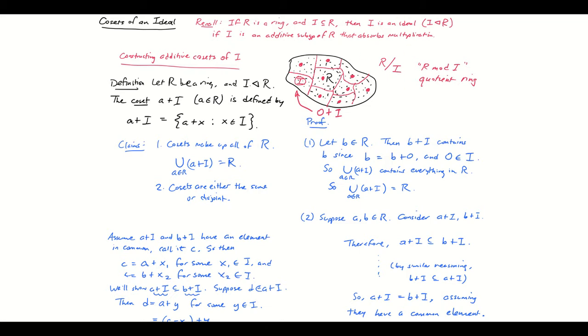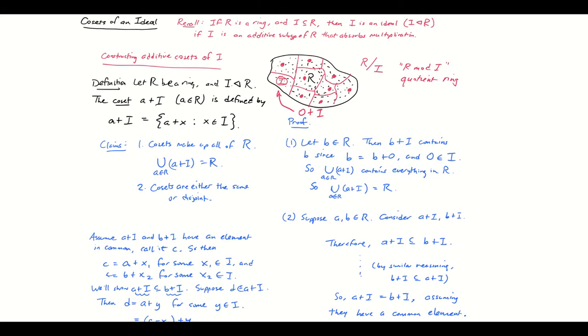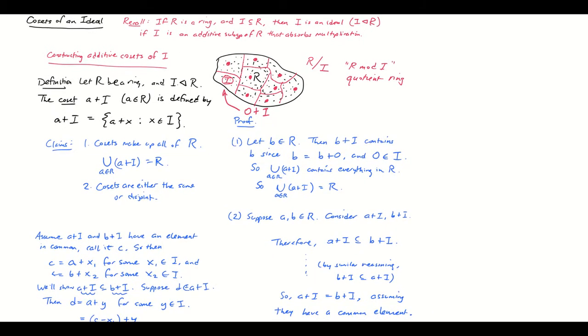And as I say all this, I realize we're starved for an example, so let's do one quick example, or at least introduce it so we have some idea of what's going on here. Okay, so let's take Z as our starting ring, and in one of the previous videos we established that the ideal of even integers is, well, an ideal, okay? So we can start building cosets of it.